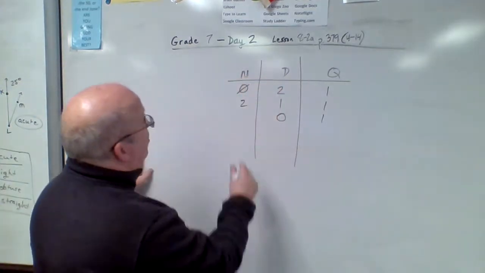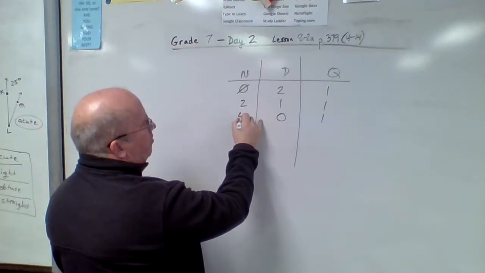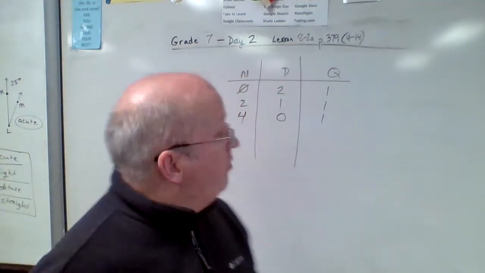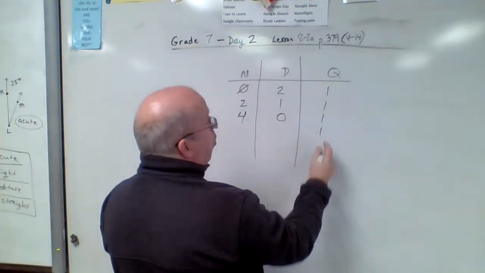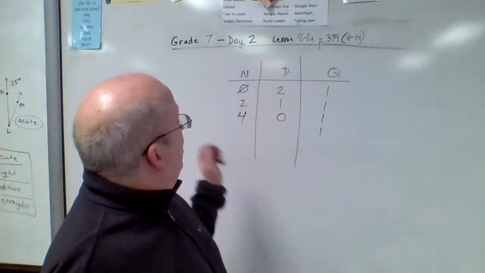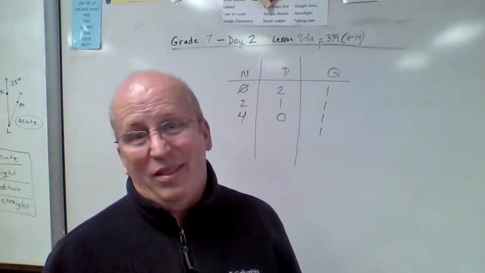And 20 cents is how many nickels? Let's see, how many groups of 5 cents makes 20 cents? 4. Now I've got 3 different ways. Is there another way to do it with 1 quarter using nickels and dimes in some sort of fashion? The answer to that is no, I can't think of another way.